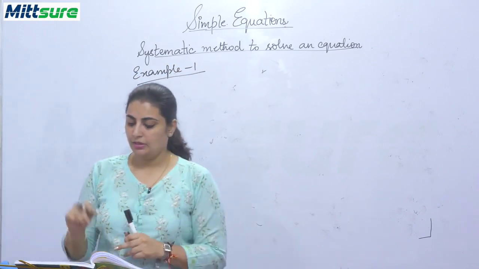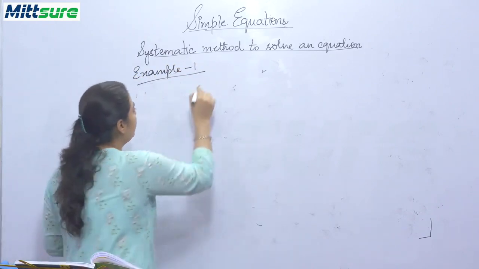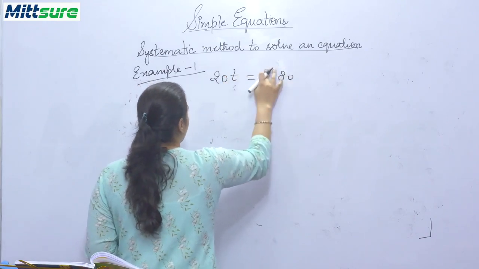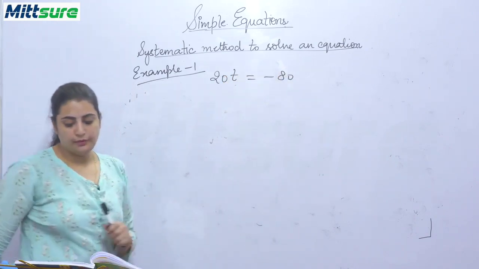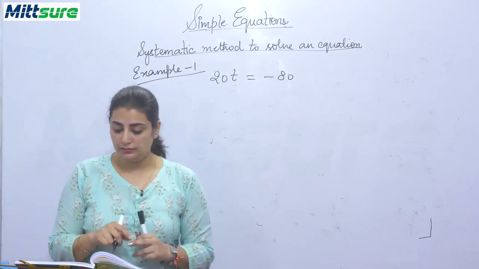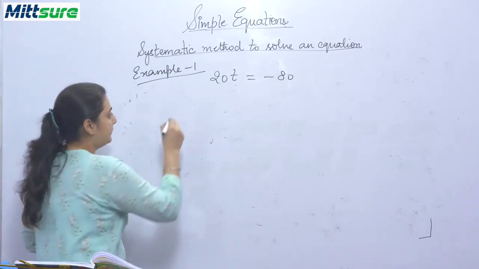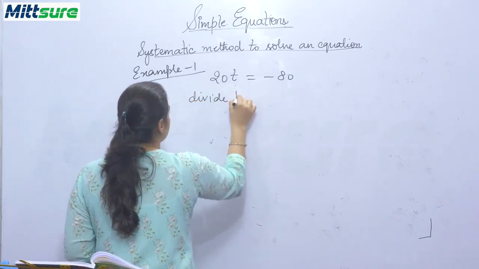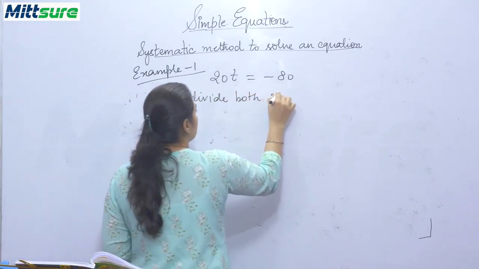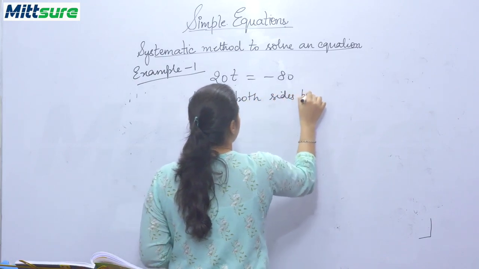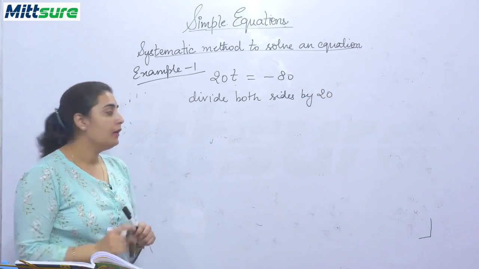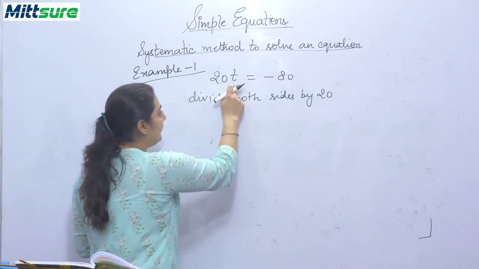Example 1: you have to solve 20t equals minus 80. Now what will I do? I will divide both sides by 20. Now why did I choose this 20 only? Because I want here only t.